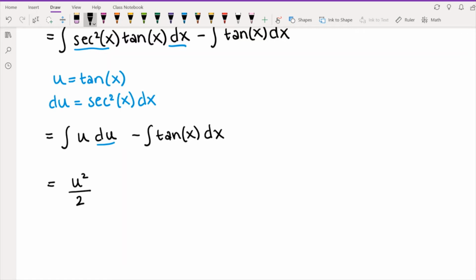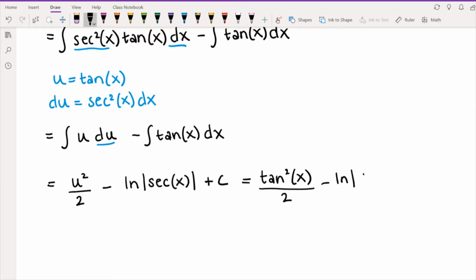And then for the second part, we have the antiderivative of tangent we saw was ln of absolute value of secant of x. And then we have plus c. And then the last thing we need to do is replace the u with our substitution, which was tangent. So really we have tangent squared of x over 2 minus ln of absolute value of secant of x plus c.